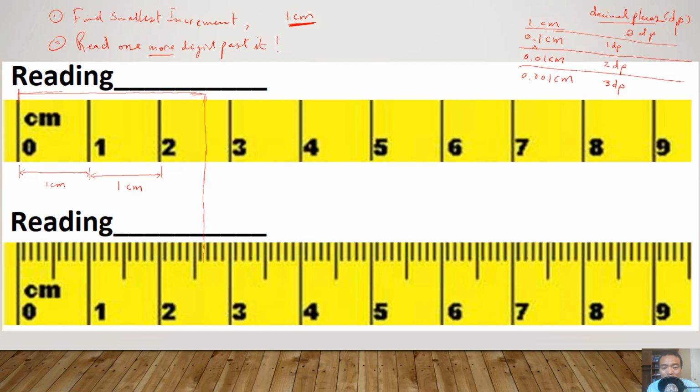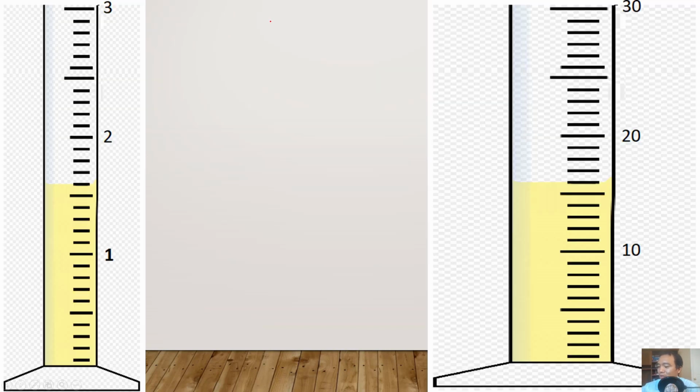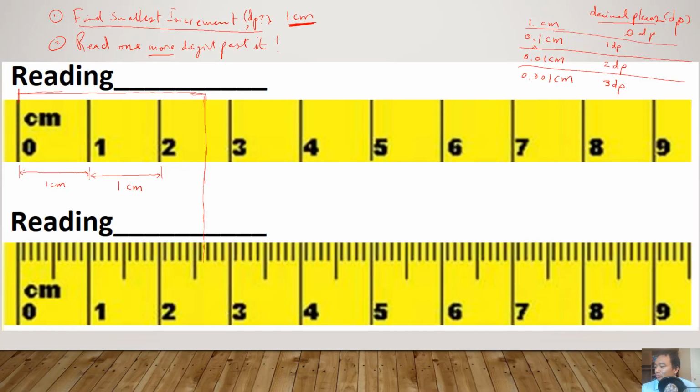So in the real measurement, the first step, you find the smallest increment, and in terms of how many dp you have, how many decimal places you have. So this 1 cm has 0 dp, 0 decimal place, or no digits to the right side of 1.